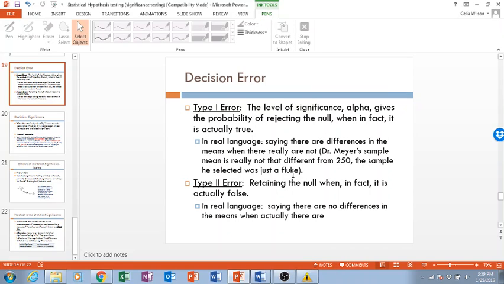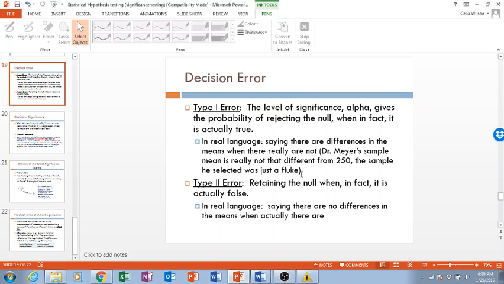Okay? If we do the opposite, if Dr. Meyer made another sampling goof, unknown to him again, what if he pulled a sample of 25 homeschooled students who had been transitioned to homeschooling because they were failing and their parents wanted them out of the public school?